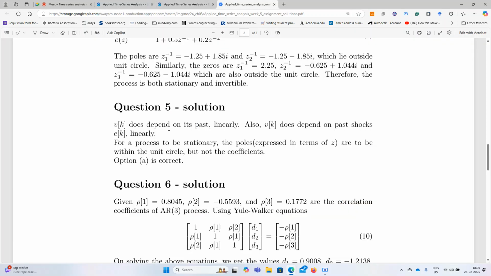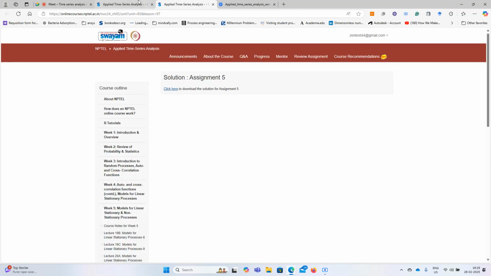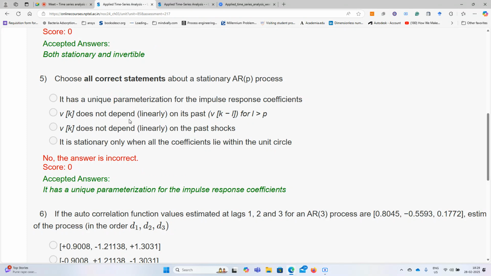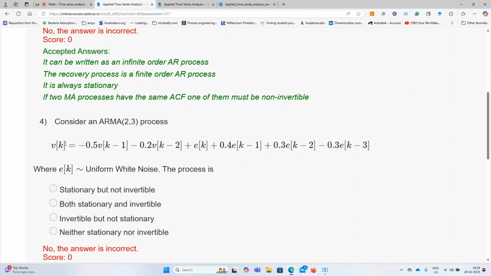V_k does depend on its past and linearly in nature. So when we talk about linear, all processes that we have considered are linear. Even this one, all the V_k that we have considered, even throughout the course, if I am not wrong, are linear. That is why you are able to add or subtract in this form, with white noises being added.